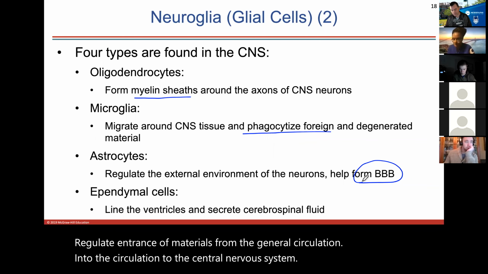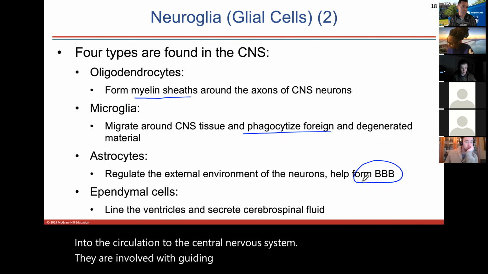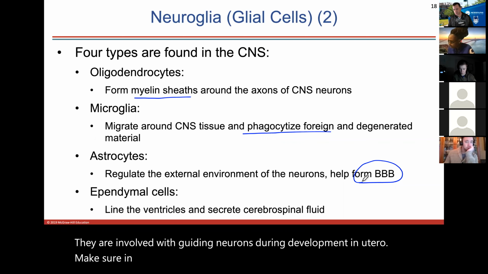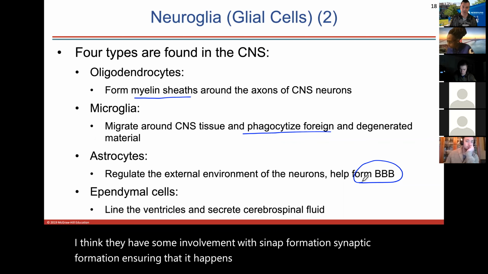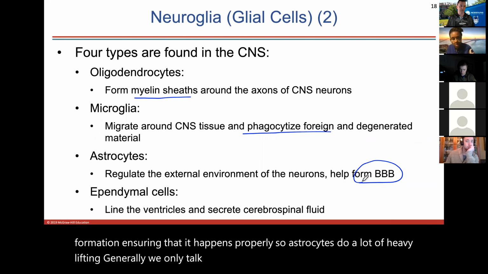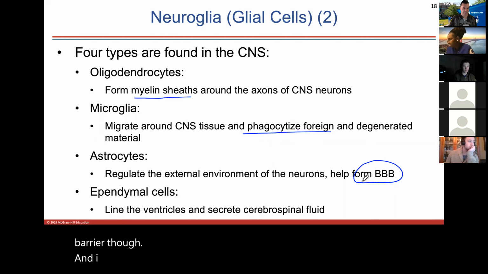They're involved with guiding neurons during development in utero, making sure the neuron gets to the right spot. I think they have some involvement with synaptic formation, ensuring that it happens properly. So astrocytes do a lot of heavy lifting. Generally, we only talk about it in the term of the blood-brain barrier, though. And I think I have some stuff sprinkled in a little bit later.